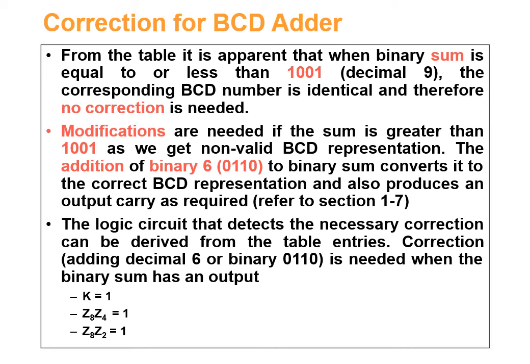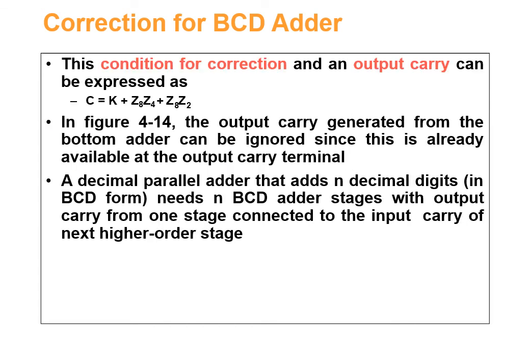We specify further that either Z4 or Z2 must have a 1. The condition for a correction and an output carry can be expressed by the Boolean function C equals K plus Z4 Z8 plus Z2 Z8. When C is equal to 1, it is necessary to add 0110 to the binary sum and produce an output carry for the next stage.